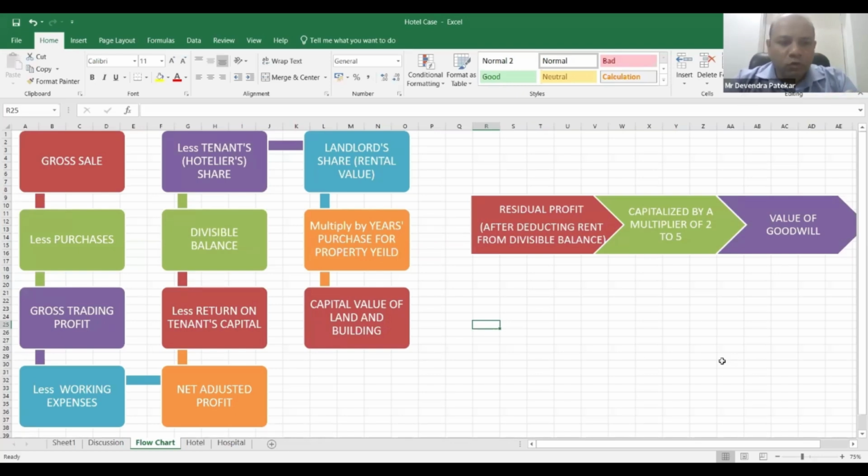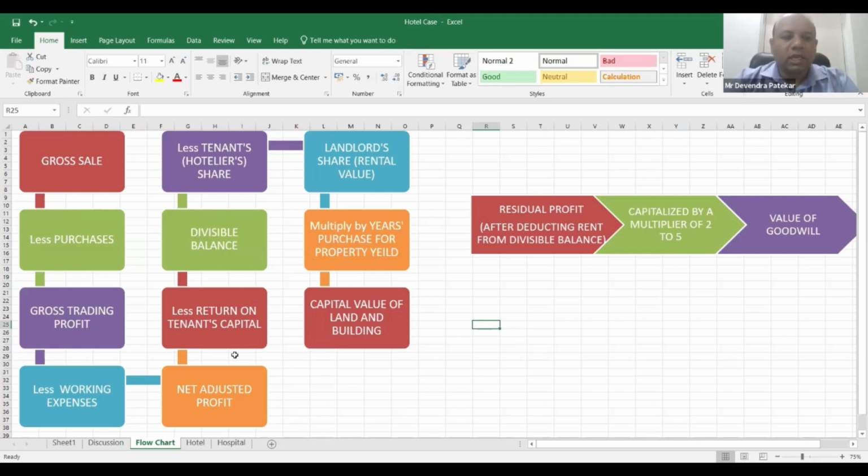So trade of rooms, trade of the banquet halls, the business halls, the trade of tables which are there in the restaurant. Based on that, the number is arrived at.